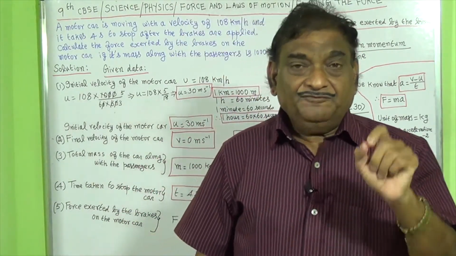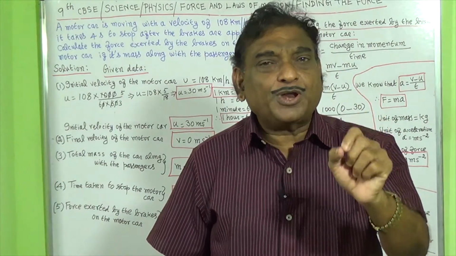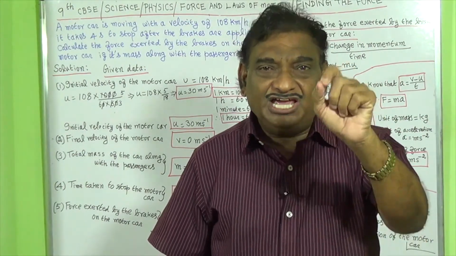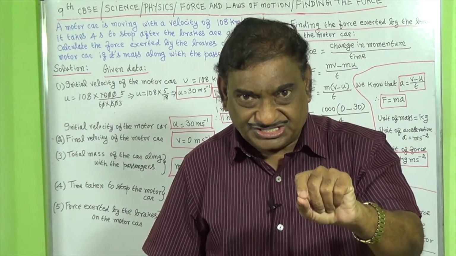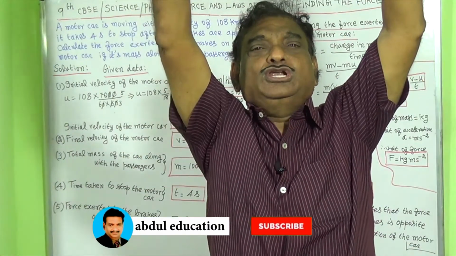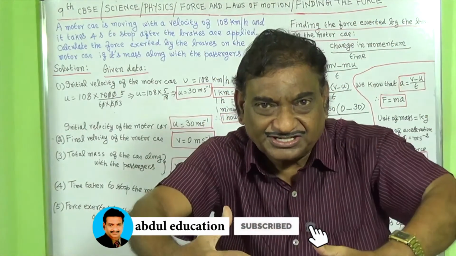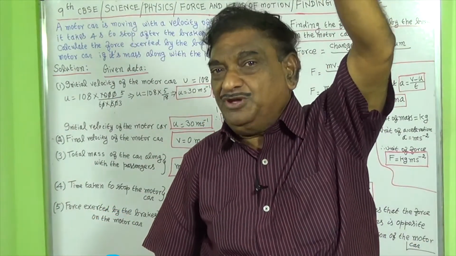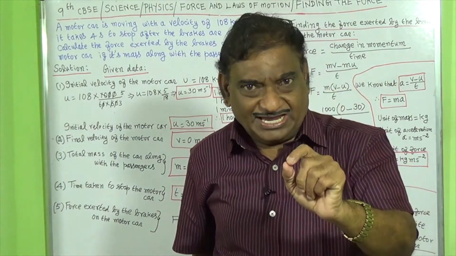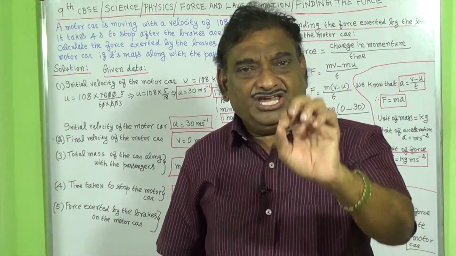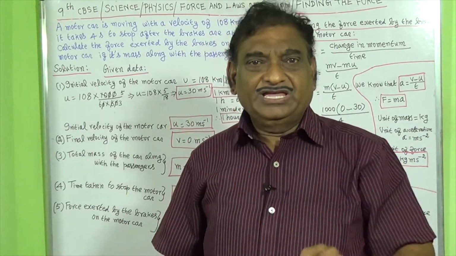One is when the vehicle starts from rest, the initial velocity is 0. The another instance is when an object falls from a certain height, the initial velocity will be 0. These are the two circumstances at which the initial velocity will be 0.